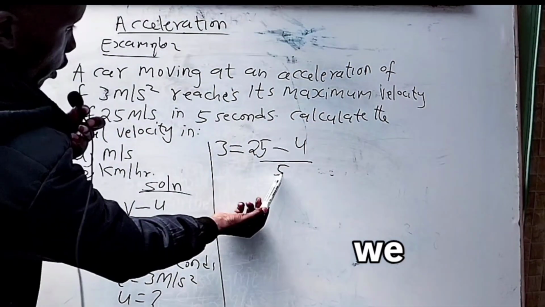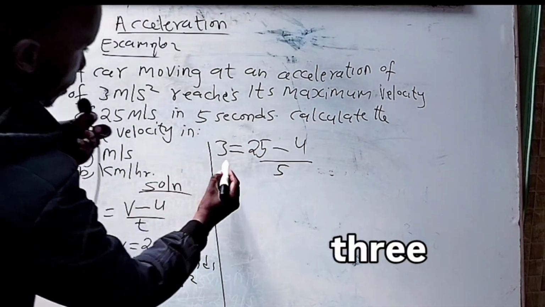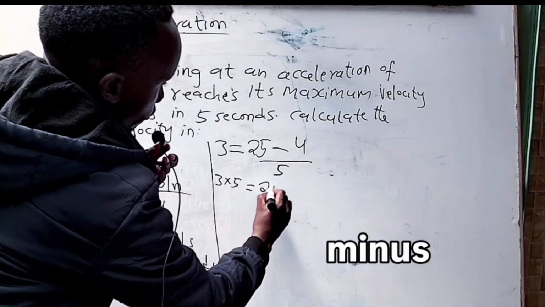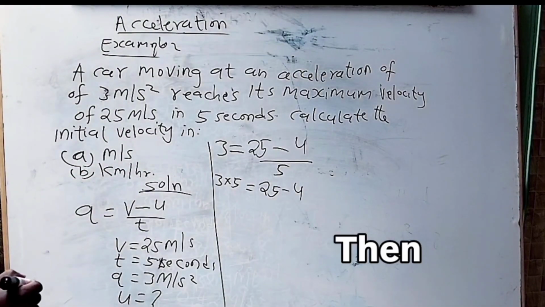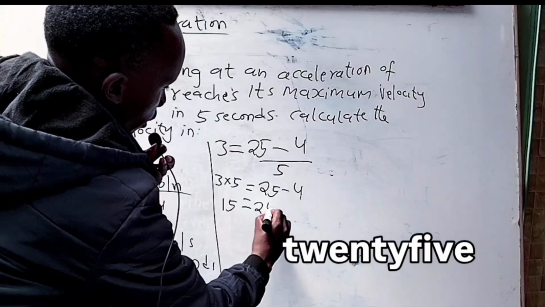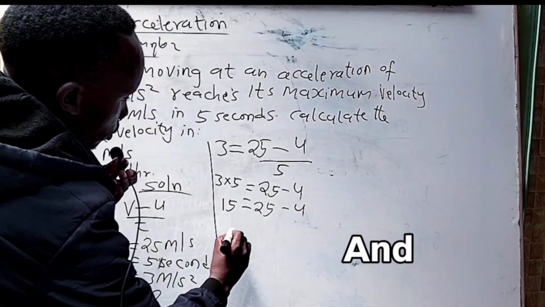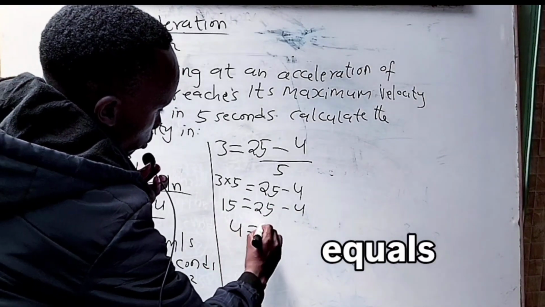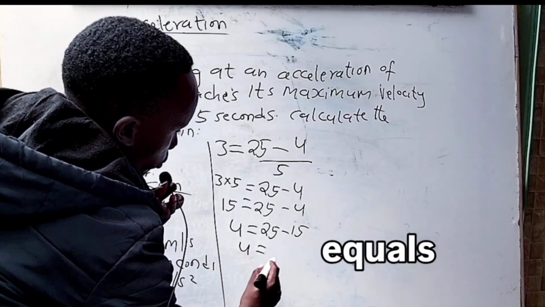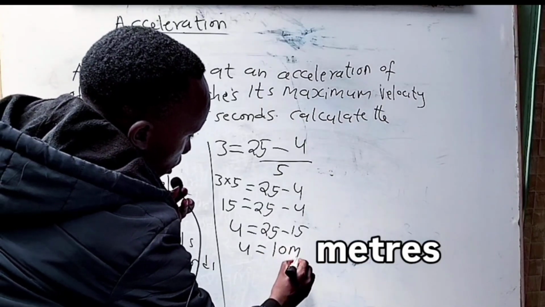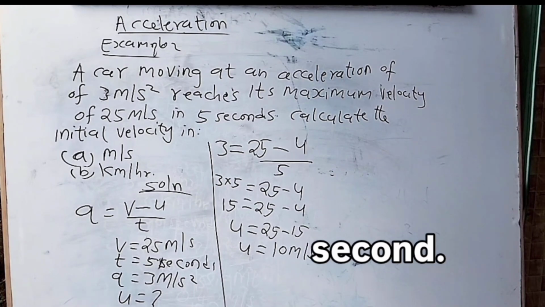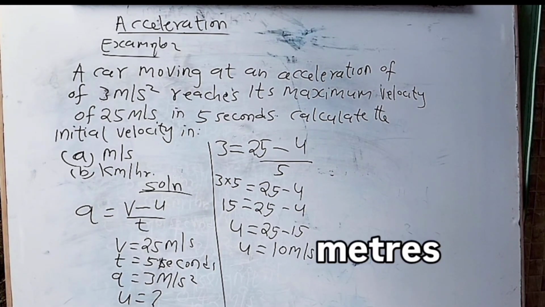We can now cross multiply. 3 times 5 is equal to 25 minus u. Then we have 15 is equal to 25 minus u, and then u is equal to 25 minus 15. u is equal to 10 meters per second. So our initial velocity is 10 meters per second.